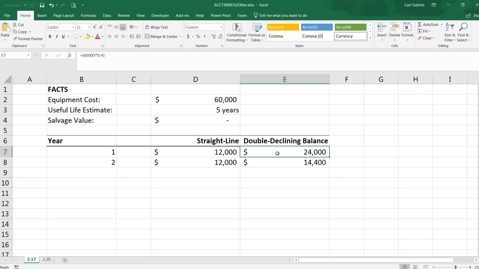It's important to understand how these different depreciation methods work, because when you're looking at the financial statements, you want to be able to make an assessment about what's being shown on the face of the financial statements as their net property, plant, equipment. It's important to know which depreciation method they're using so you could understand how this equipment is being expensed over time. How quickly is it being used up?